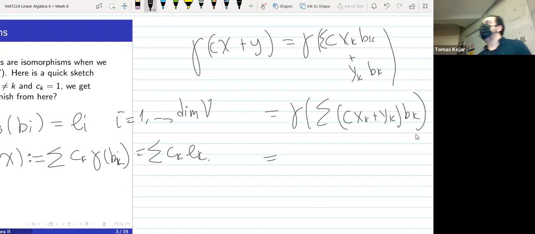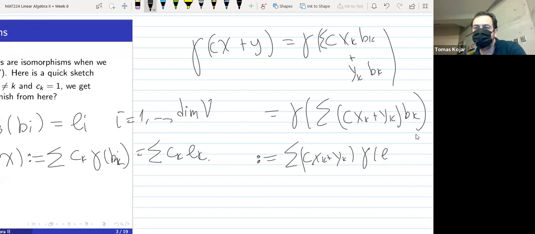What's the definition of the, yeah. You said plus? But what should I write here? You're saying I should write this? Yeah, exactly. So by definition of gamma, this is equal to this. Pictorially, it's cx1 plus y1, up to cxn plus yn.